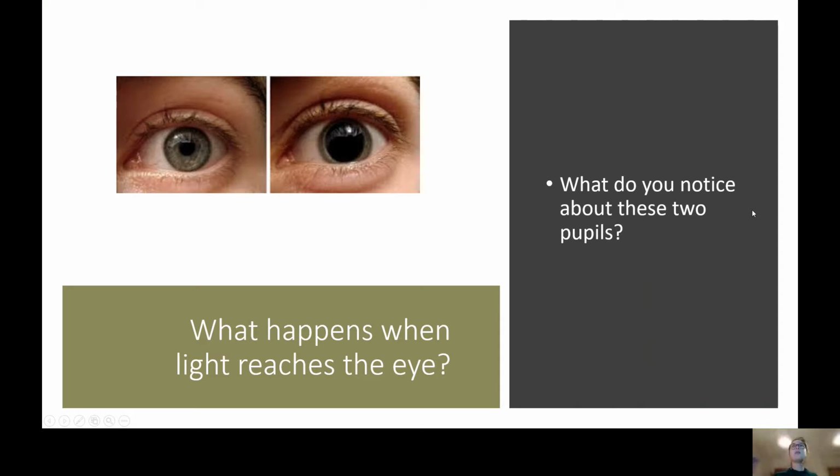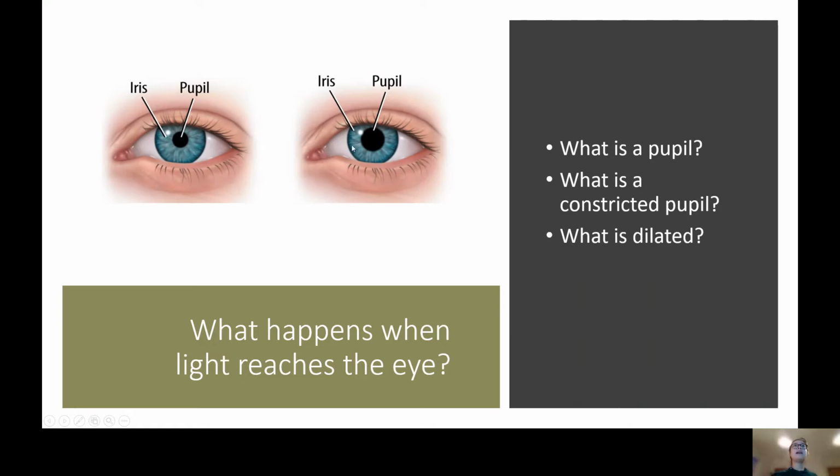Well, what is a pupil, first of all? The pupil is the black hole, and the iris is the colourful part. So sometimes it's brown, sometimes it's blue, sometimes it's green, sometimes it's grey. What is a constricted pupil? Well, a constricted pupil is a smaller pupil, and a dilated pupil is a larger pupil, like we see here.